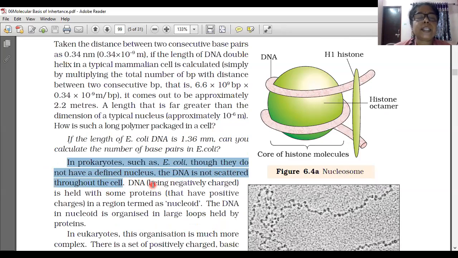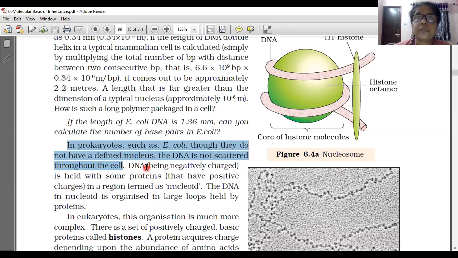DNA is negatively charged. What is the charge of DNA? It is a negatively charged structure. It is held with some proteins that have positive charge in a region termed the nucleoid. In a particular region only it will be seen inside the cell; it is not spread out.